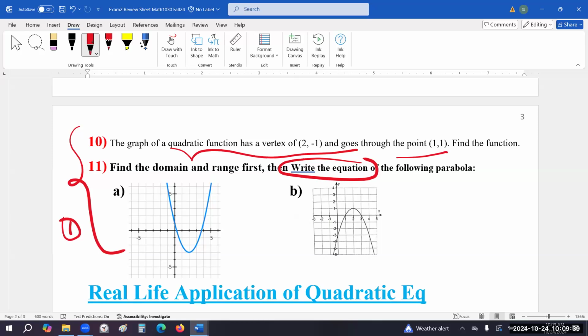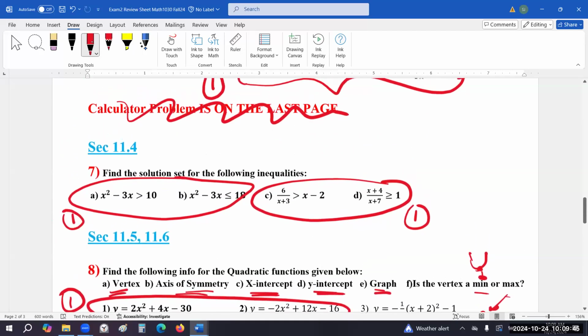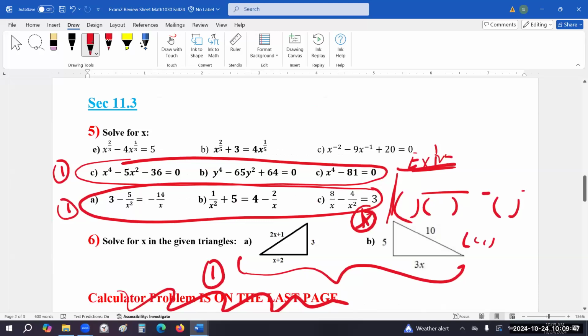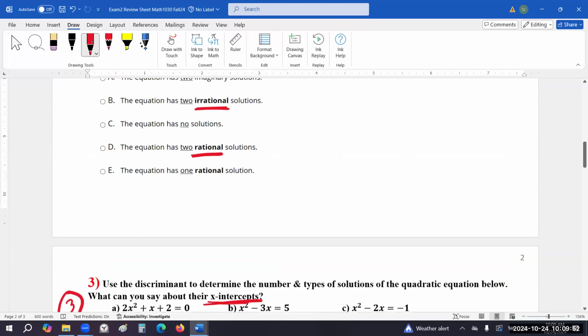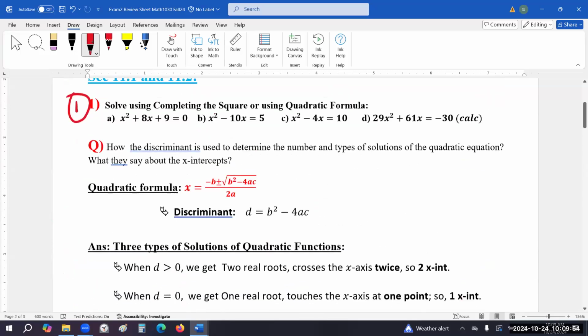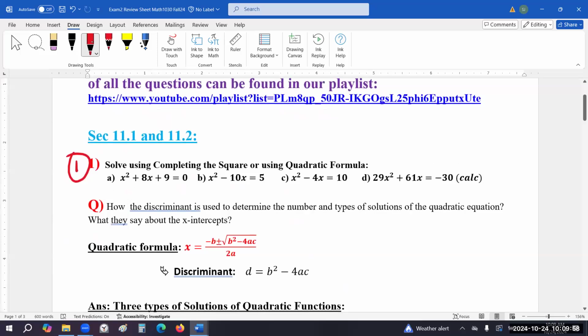So I don't have many questions this time. 1, 2, 3, 4, 5, 6, 7, 8, 9, 10, 11, 12, 13. So 10 questions with multiple parts.